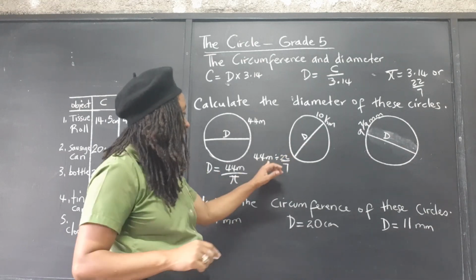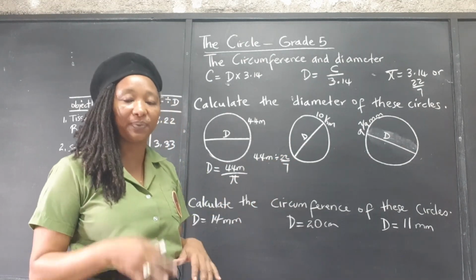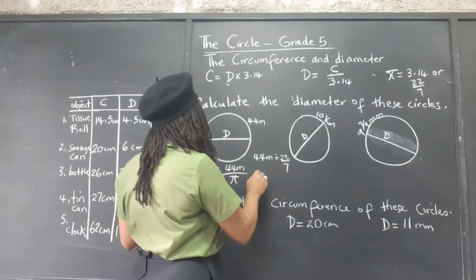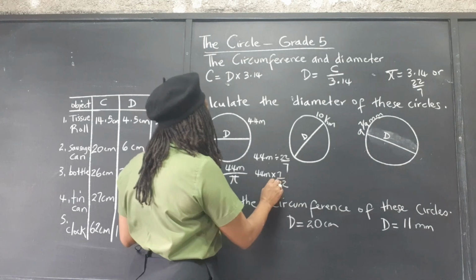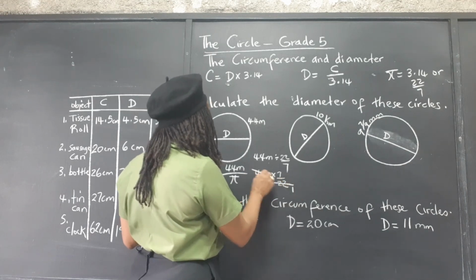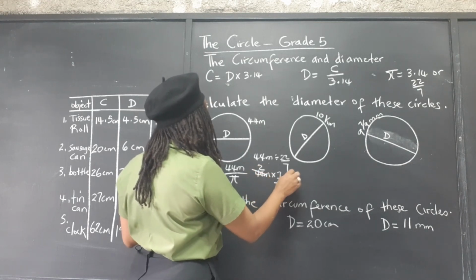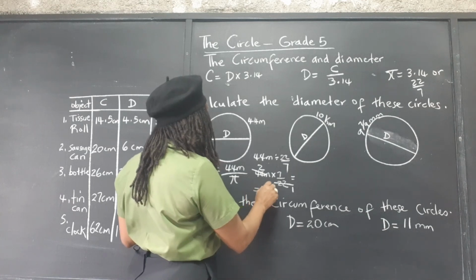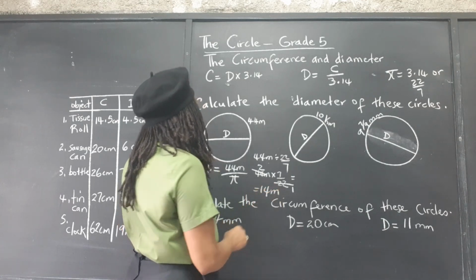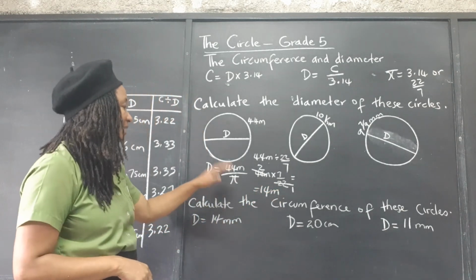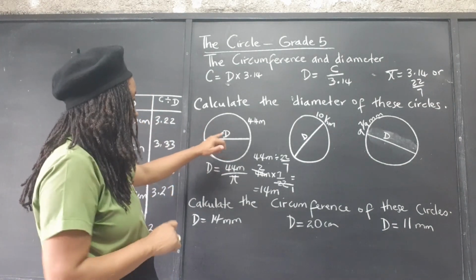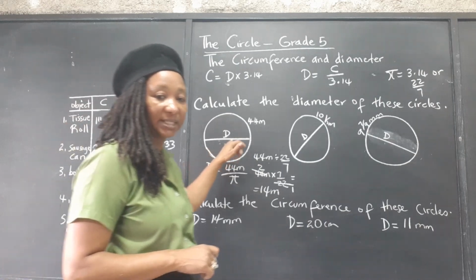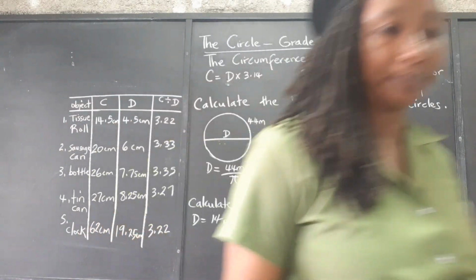Remember, when we're dividing by a fraction, it's the same as multiplying by the reciprocal. So that's 44 times 7/22, and the 22 goes into 44 twice. So that's 14 meters. 14 meters, that's the diameter of this circle, right? The circumference divided by pi.